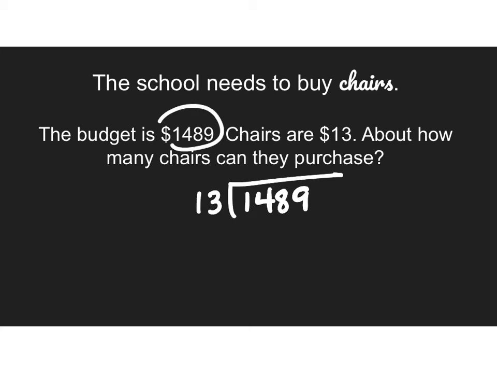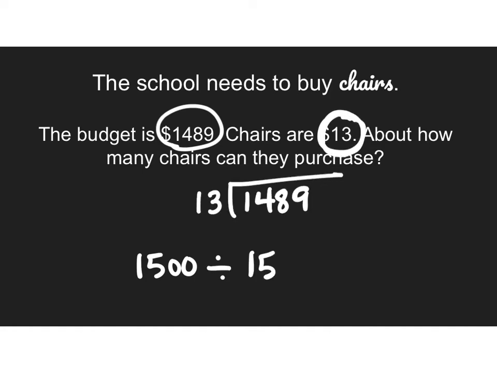So I want to round this number, and I want to round this number to numbers that work very well together. I can see that 1,489 is really close to 1,500, and 13 is pretty close to 15.